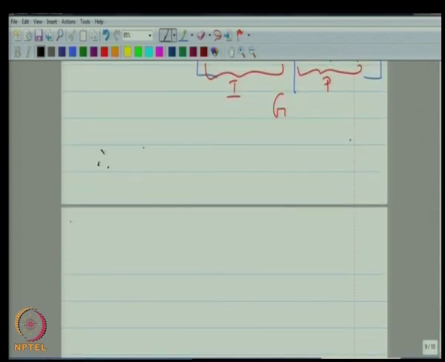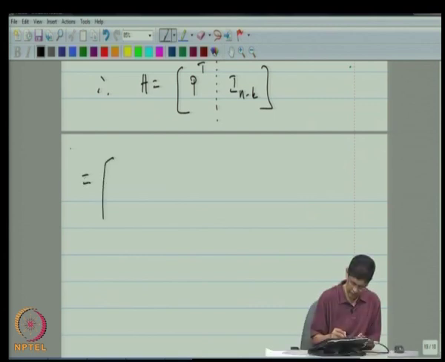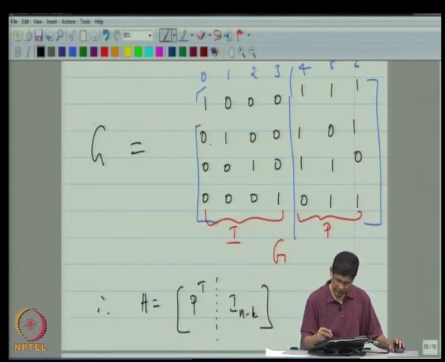Therefore H is equal to P transpose I n minus k, which in this case turns out to be, so I need to take the transpose, I have to change the rows to columns.